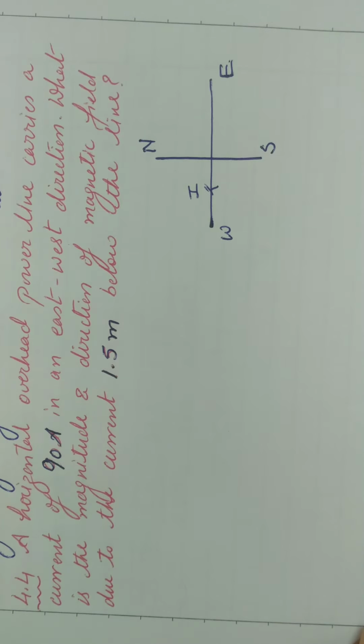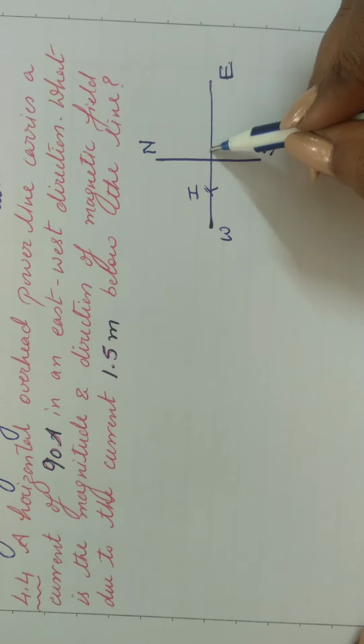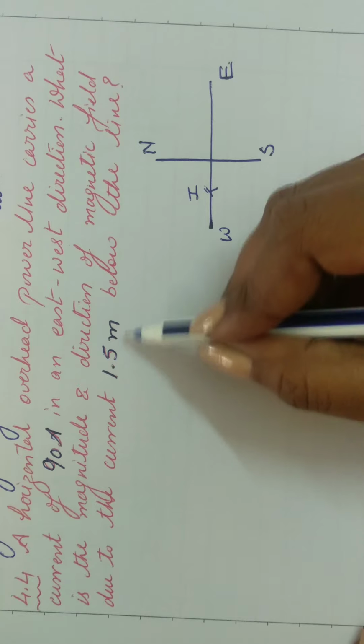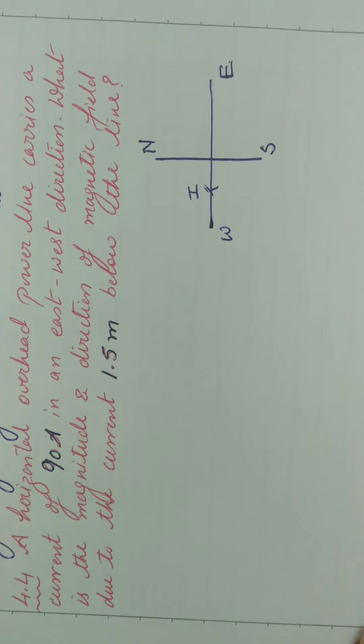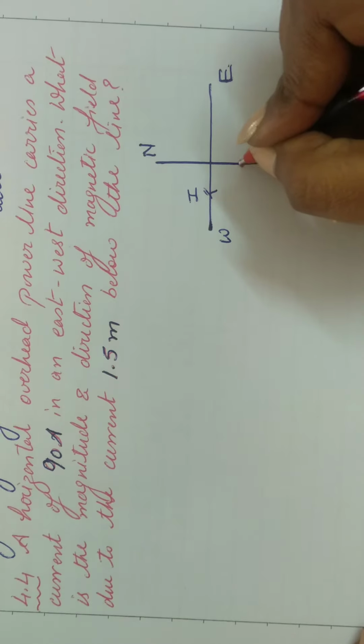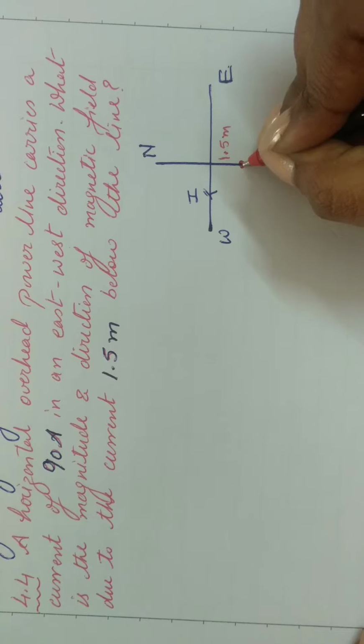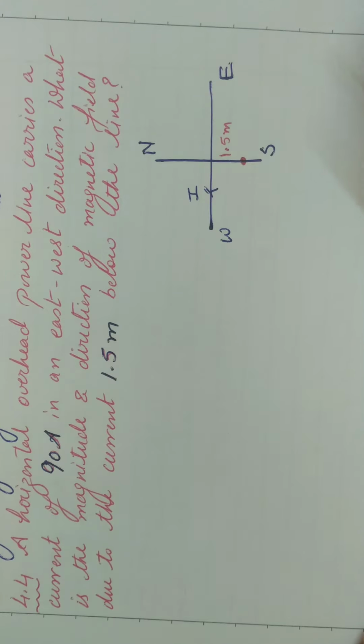Now you have to find out the magnitude of the magnetic field below the wire at a point which is 1.5 meter away from the wire. So suppose this point is at a distance of 1.5 meter. So you need to calculate the value of magnetic field at this point.